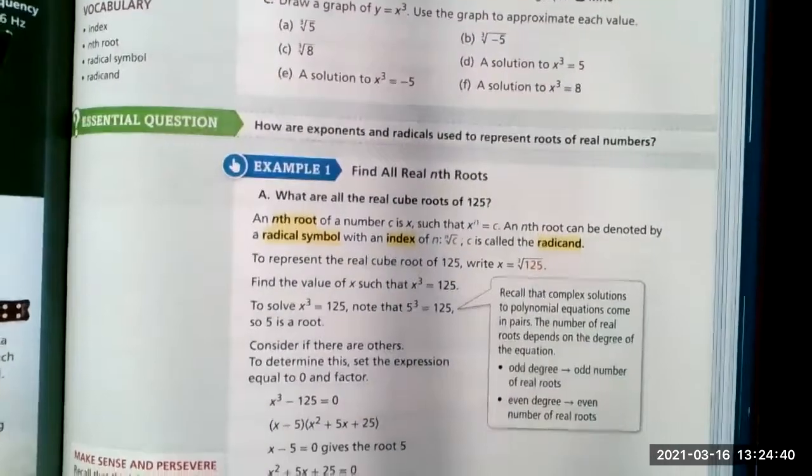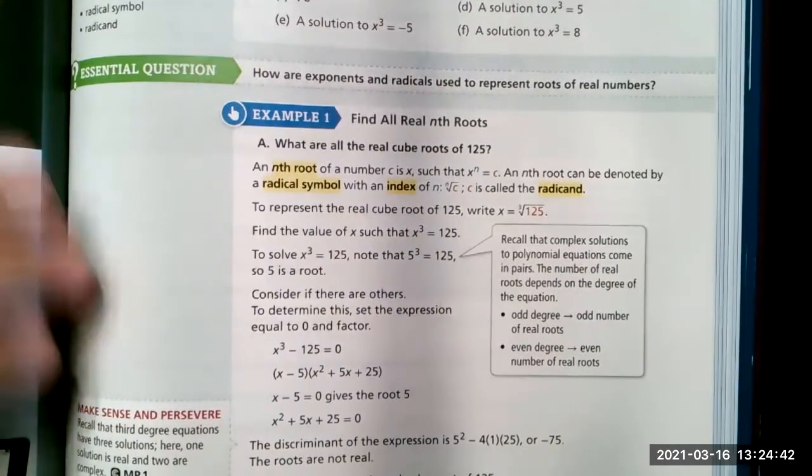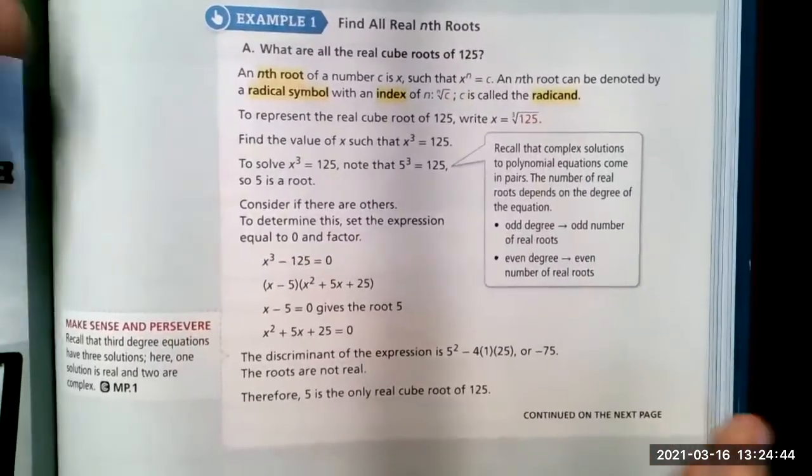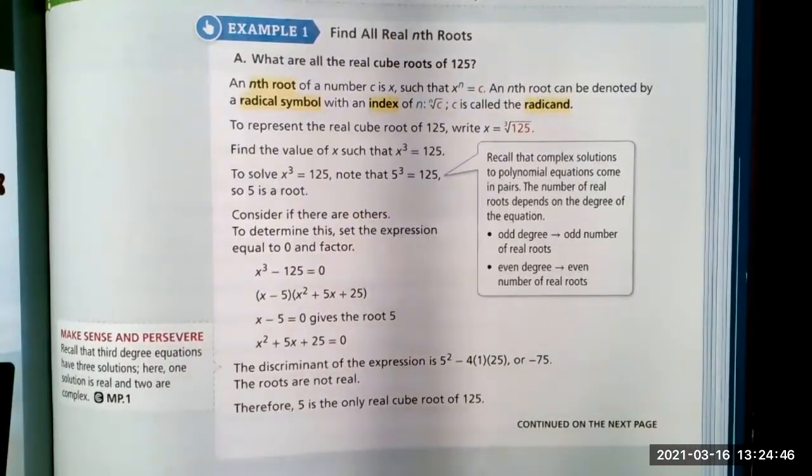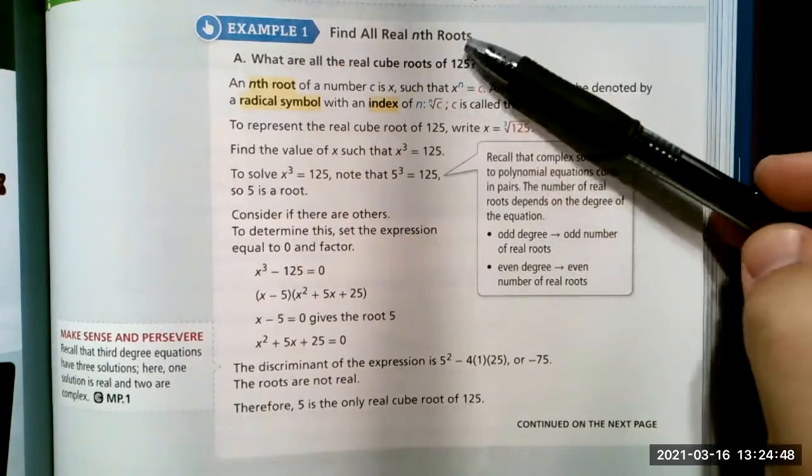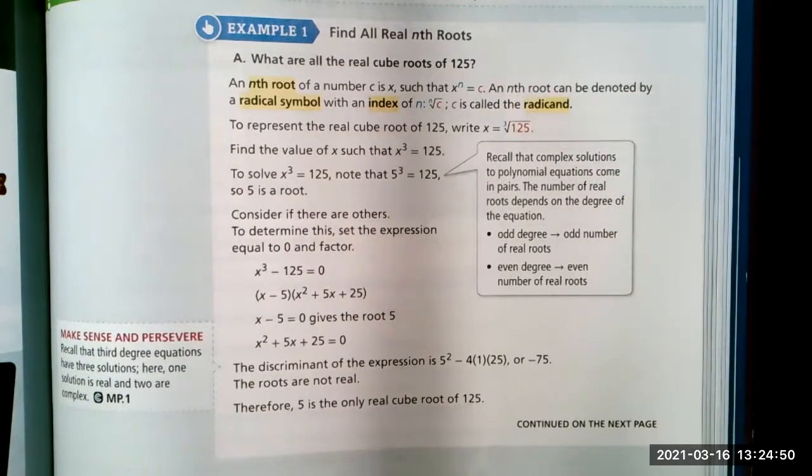Let's go ahead and kick off with example 1 at the bottom. Find all the real nth roots. When they say real, they're just emphasizing the idea of different types of numbers, like integers, rational numbers, natural numbers, counting numbers.